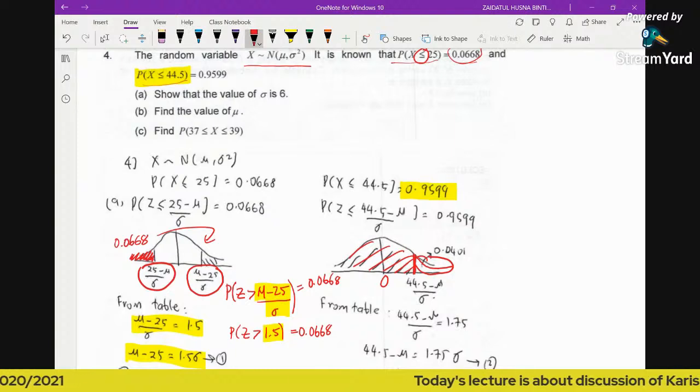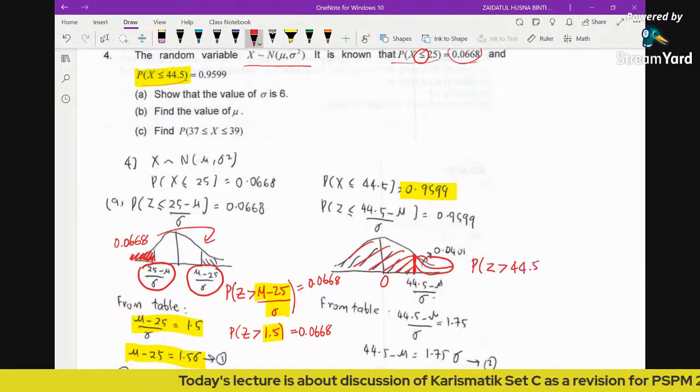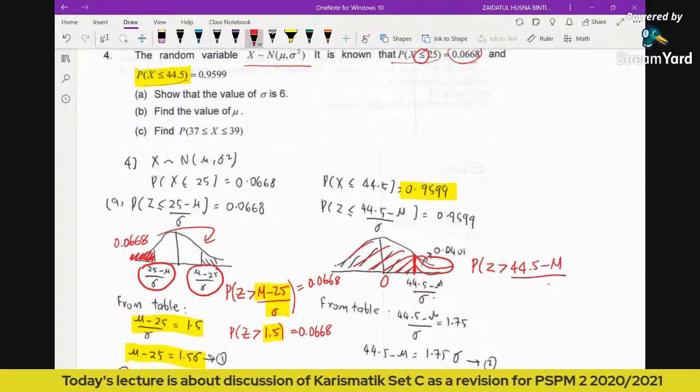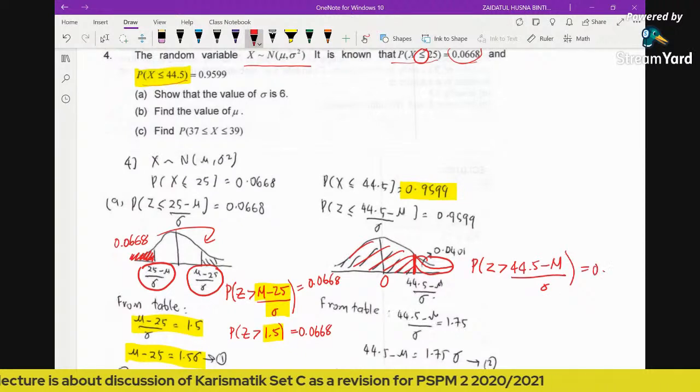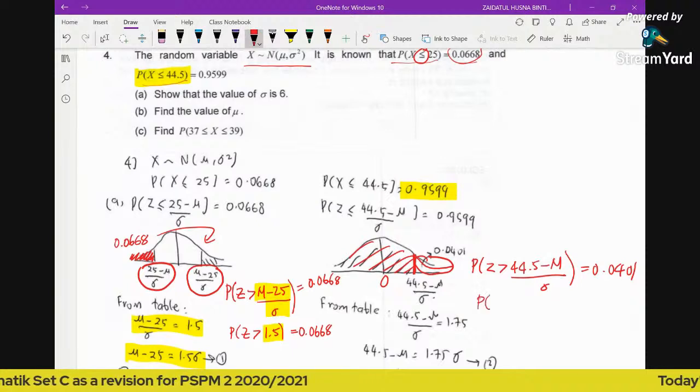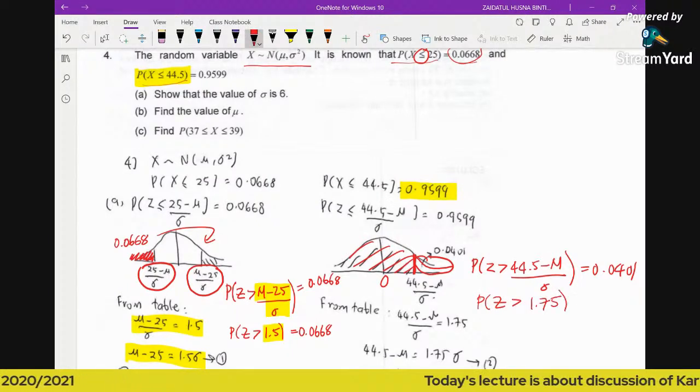So how to write this? The probability of z greater than 44.5 minus mu divided by sigma is equal to 0.0401. Then you just read the standard normal table. From the tables, the probability of z greater than 1.75 is equal to 0.0401.